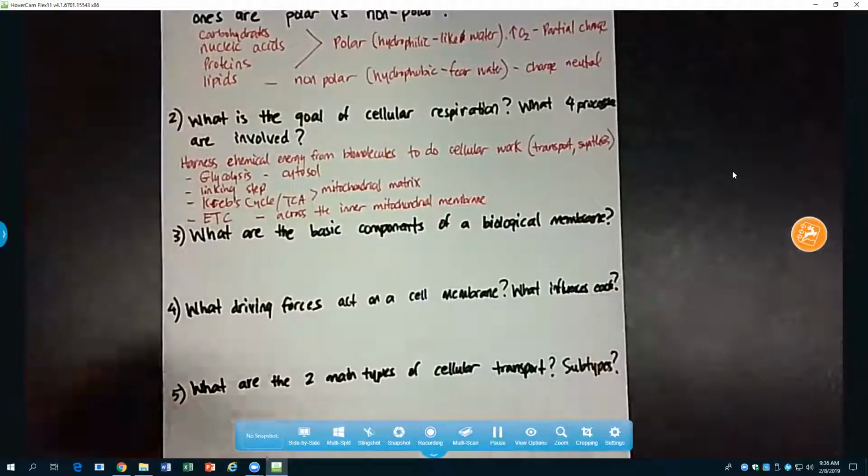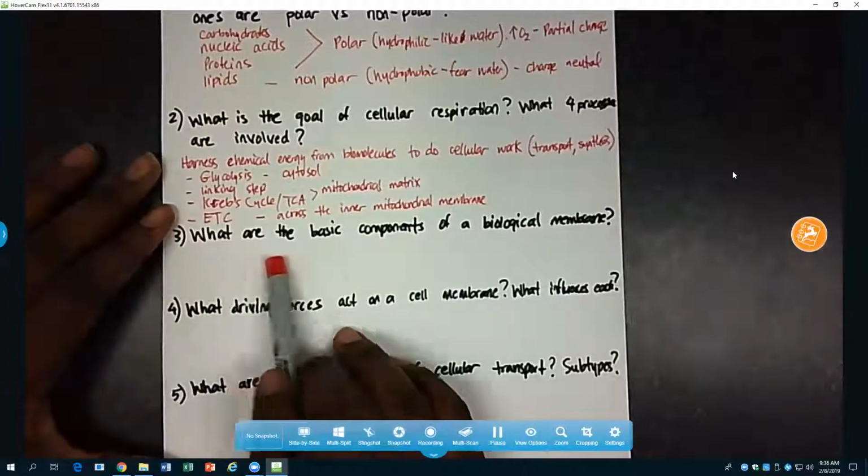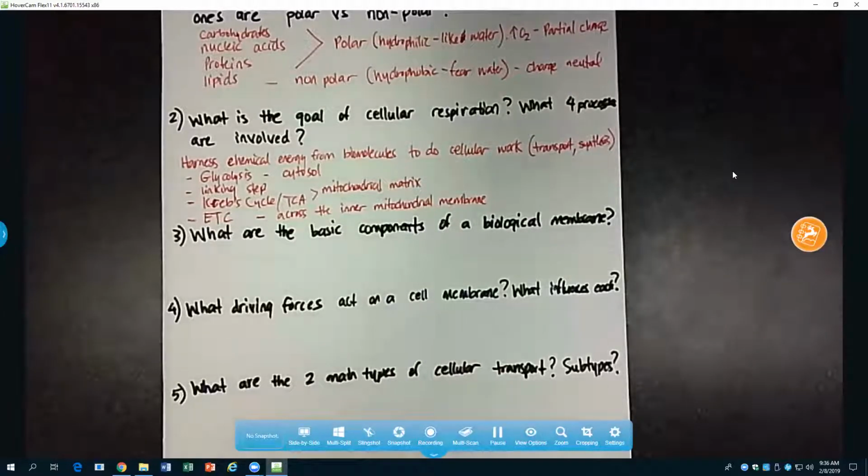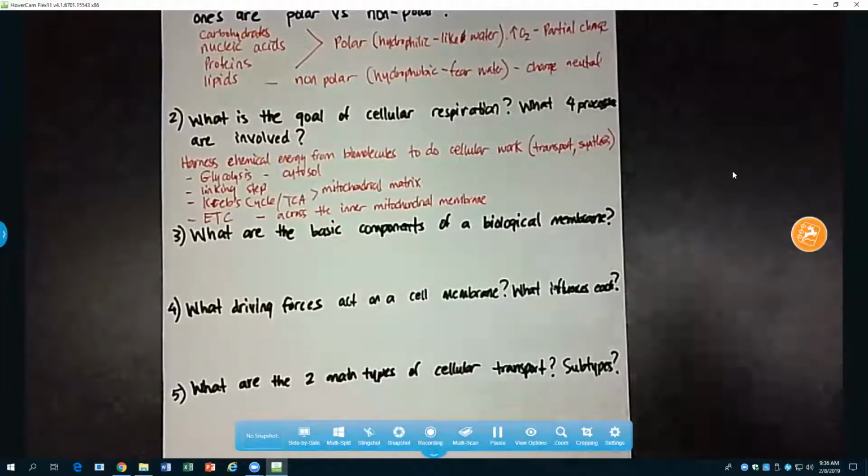Alrighty, let's move on to question 3. Any questions on that one? Okay, what are the basic components of a biological membrane? So we spoke about some basic components that were involved in the biological membrane, the fluid mosaic model, and some of the components. What were those?